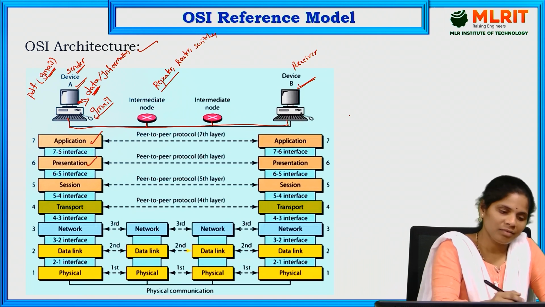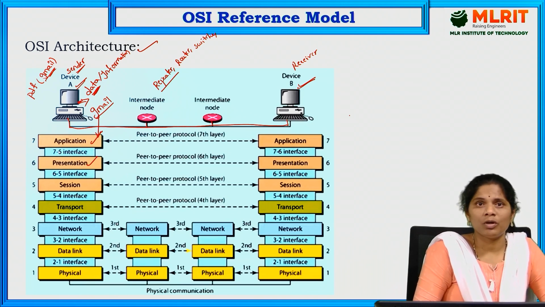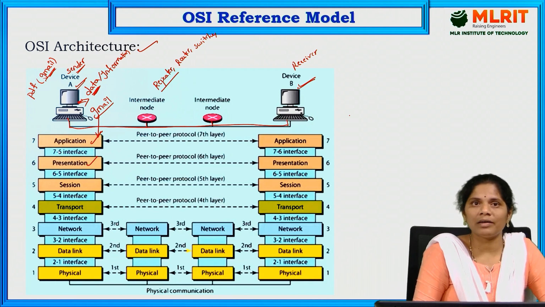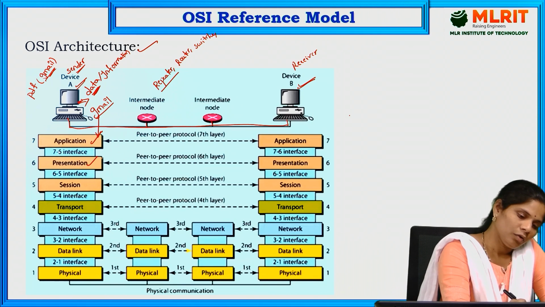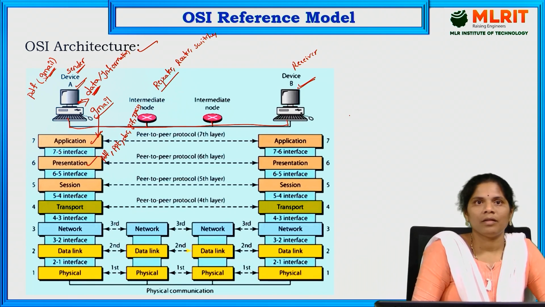After selection of the application, that is the Gmail application, next is the presentation layer. Presentation layer means that whatever data is going to be there, in which format are you presenting that data. That may be PDF format, PPT format, a document file, GIF, JPEG, anything, whichever format you want to send the data in. That is presentation.